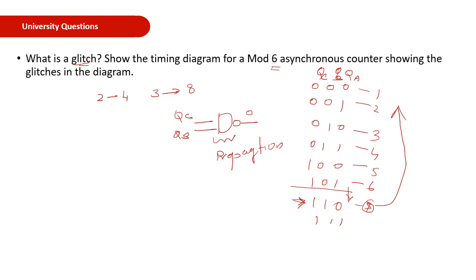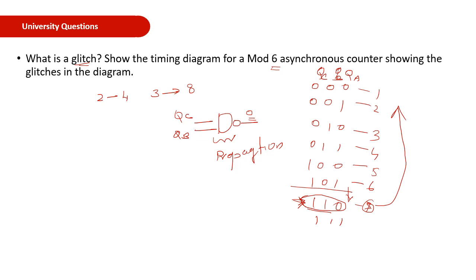When the state occurs, only after that does the output of your NAND gate become 0, and only then do your flip-flops get triggered. So for a short duration, the 7th state will be there, depending on the propagation delay of the NAND gate. That is known as the glitch.